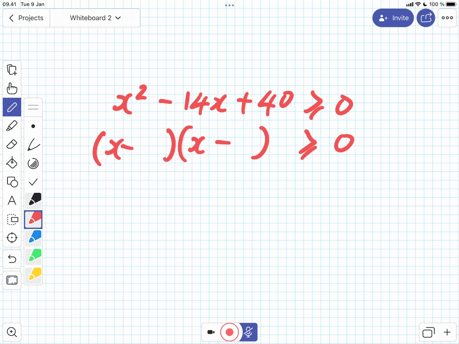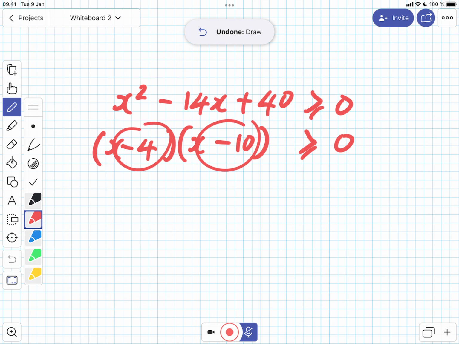So we want factors of 40 that add up to minus 14. Well, I can quickly spot that that's going to be 4 and 10. So minus 4 times minus 10 gives me the 40. Minus 4 plus minus 10 gives me the minus 14.